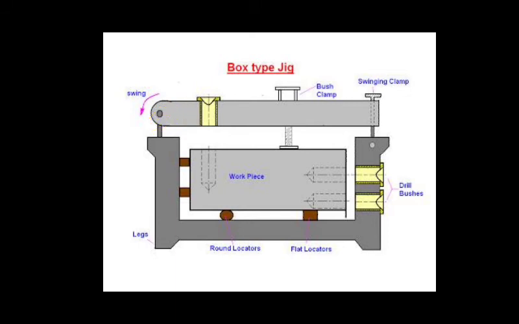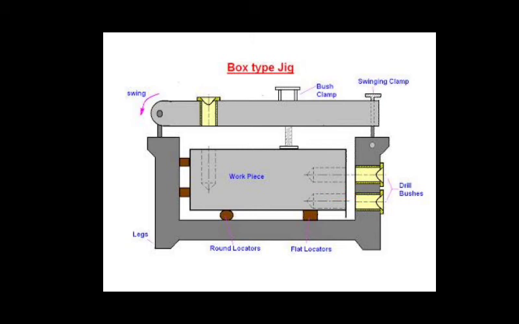Then you place the workpiece here, move down this arm and clamp this. Again, after you perform the drilling operation, you unclamp this swinging clamp, move up the swing arm and remove the workpiece. So you can perform the drilling in such a way.